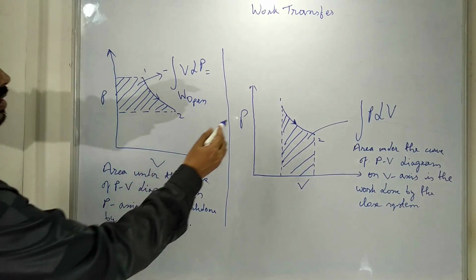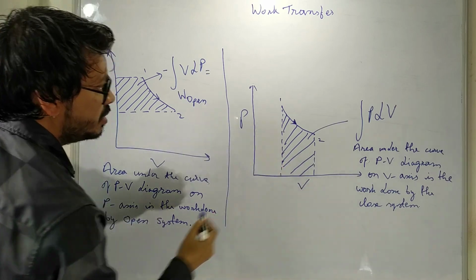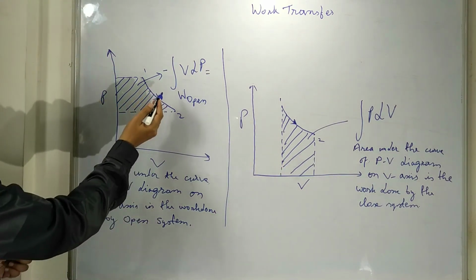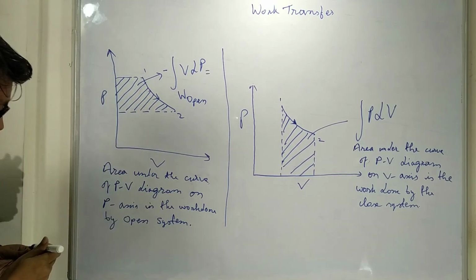So if we project the area on V axis in PV diagram, then this will be the work done by the closed system. If we project the area on Y axis, sorry, that is on P axis, then it will be the work done by open system.